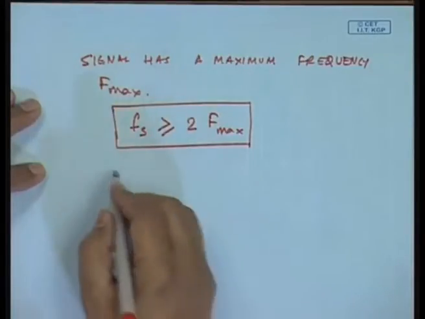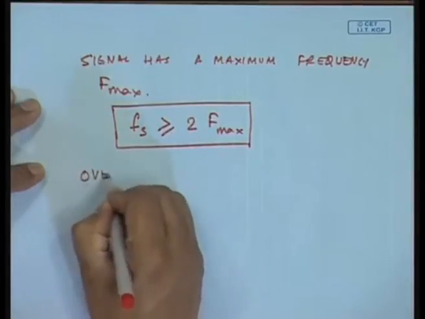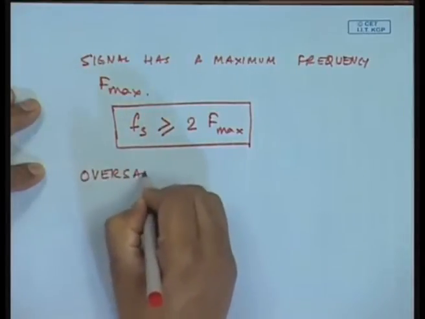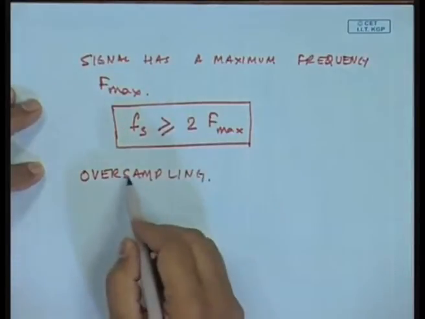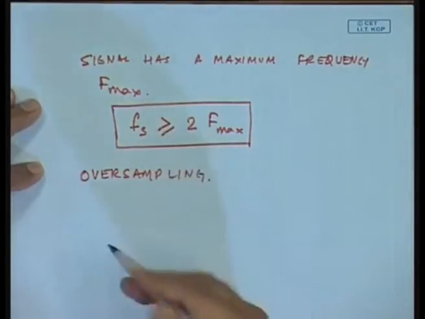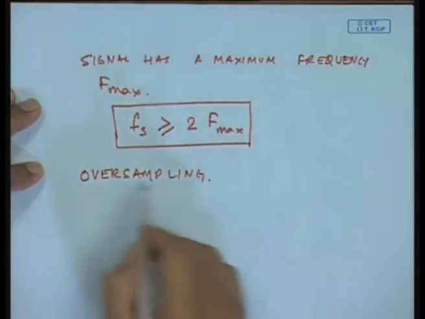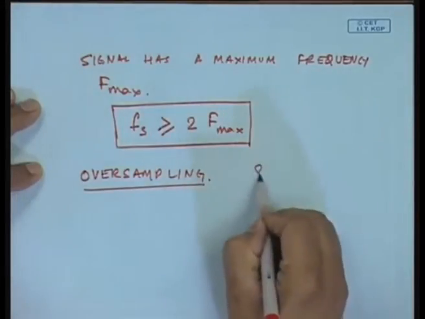But now sometimes people do oversampling, and they sample at not just twice f max, but 6 times, 8 times, 10 times oversampling is done.